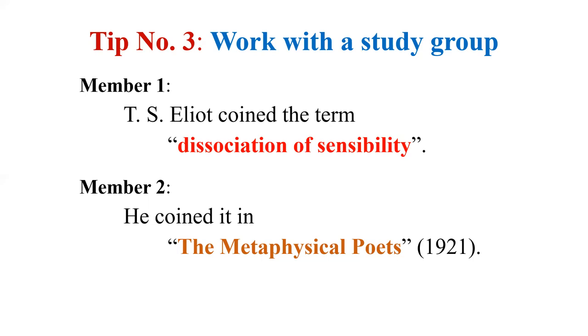But after the modern age, starting with Milton and Dryden, that's how T.S. Eliot explains this term. After Dryden and Milton, something happened. Disassociation of sensibility. These writers didn't have the ability to connect or put together thought and feeling. So that is called disassociation of sensibility. They didn't have the sensibility to put things together.